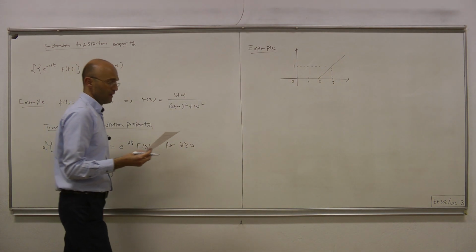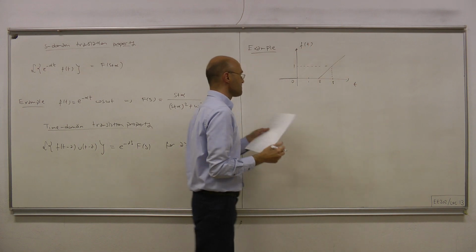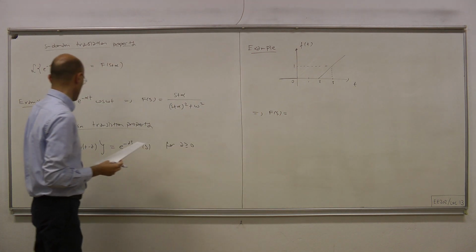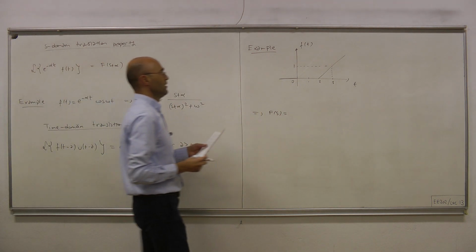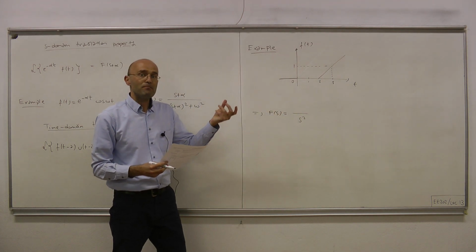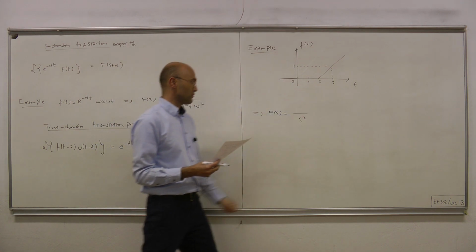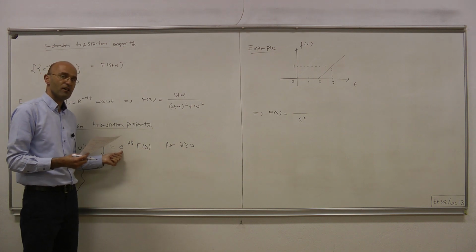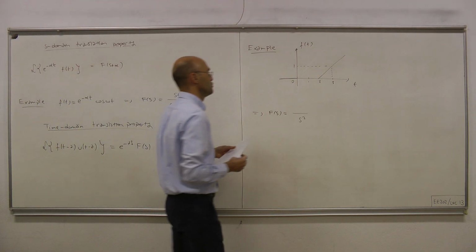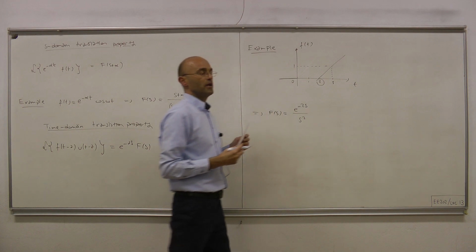So if this is our f of t, then F of s is, for the unit ramp, 1 over s squared, and now we are delaying it 2 units of time, and that delay will manifest itself in the Laplace domain by this exponential term e to the minus 2s, because we have 2 here.